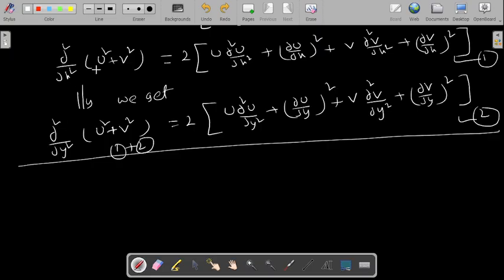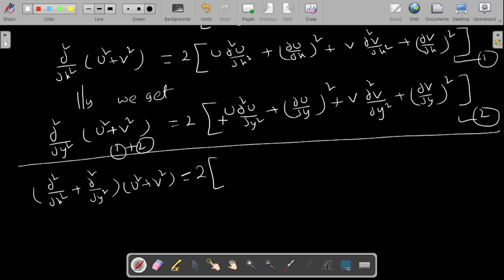So now what is common? u² + v² common, that is (∂²/∂x² + ∂²/∂y²) into (u² + v²). Right side, 2 common.